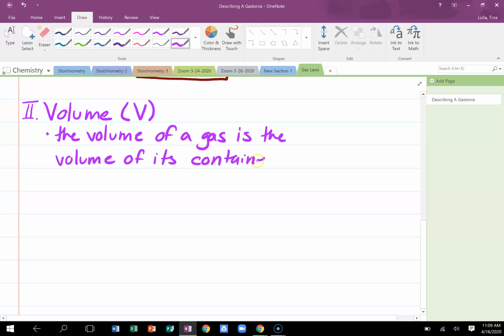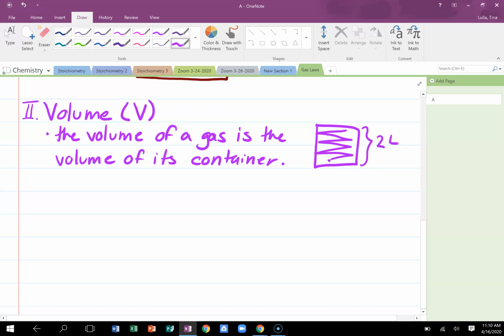Remember that gases will always take up any amount of space that they're given. Even if I only had one lonely gas particle in this large container, it's going to move around and take up the whole container. So the volume of that gas is actually going to be the volume of this container.